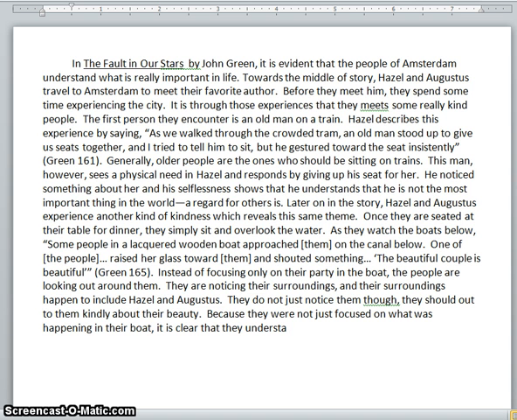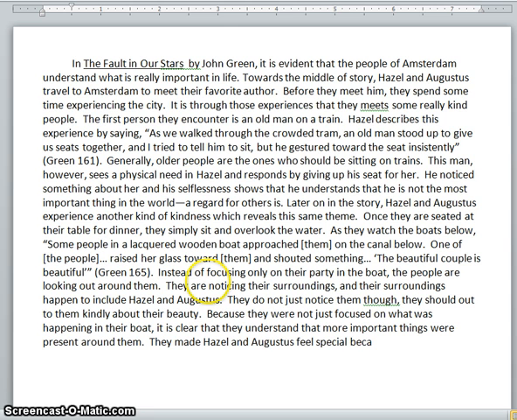It is clear that they understand. I need to bring in my keywords again. It's clear that they understand that more important things were present around them. They made Hazel and Augustus feel special because they understood this. So now I need to move into my conclusion sentence.